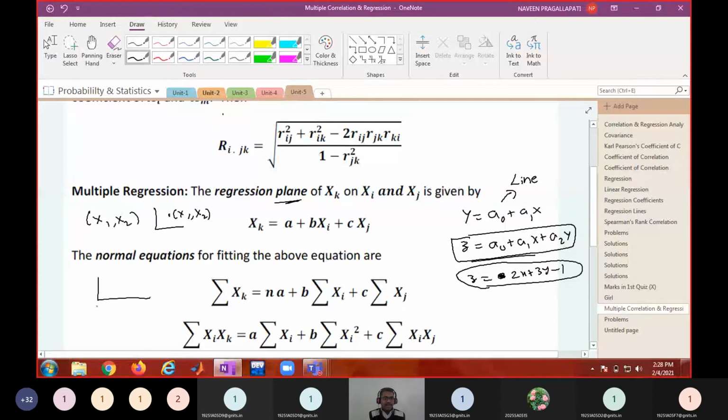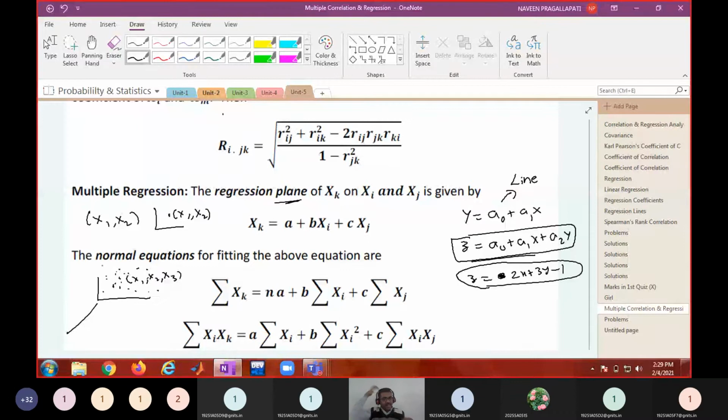Where will x1, x2, x3 be? In the three-dimensional space. So there will be several points, and you will be finding a surface which is as close as possible to the given data points, because data points may not necessarily be in the plane. It may be up and down also.